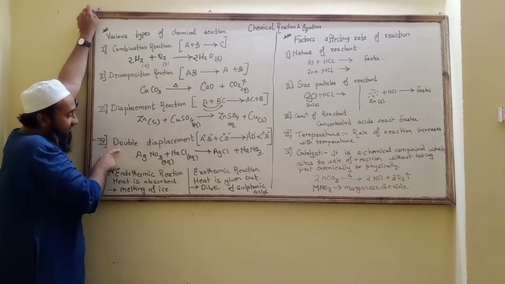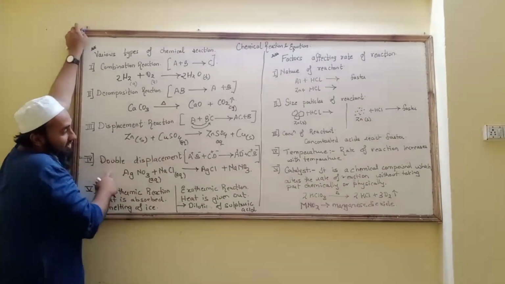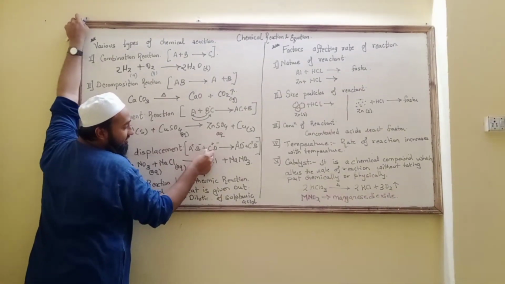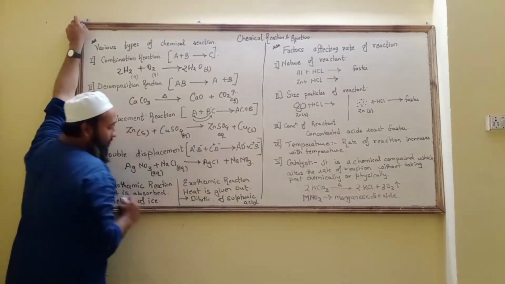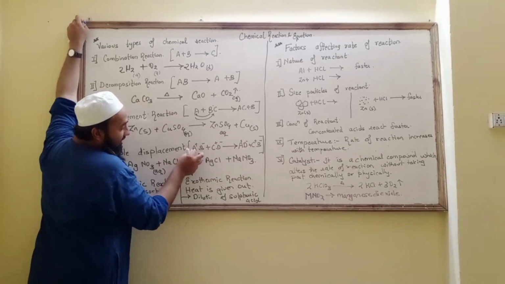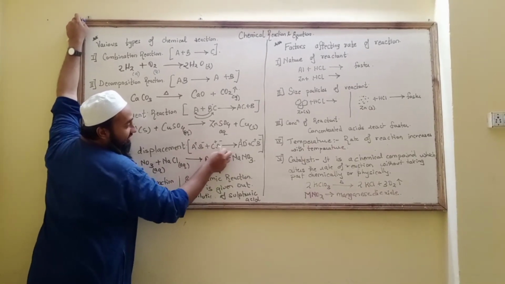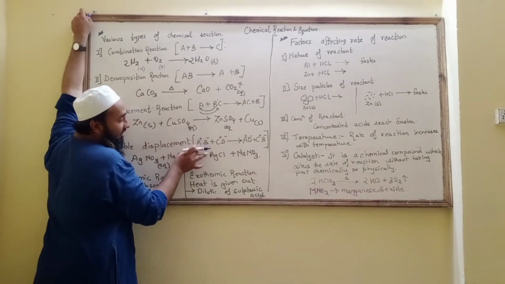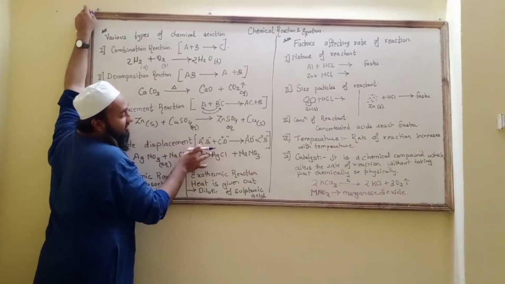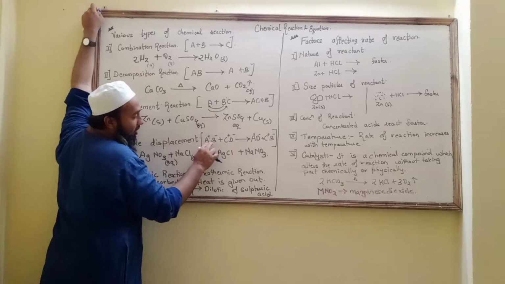The next type is double displacement reaction, where you have 2 reactants giving 2 products: AB plus CD gives AD plus CB. In a chemical reaction, ions are formed and these ions break.